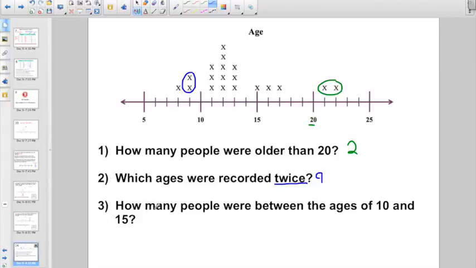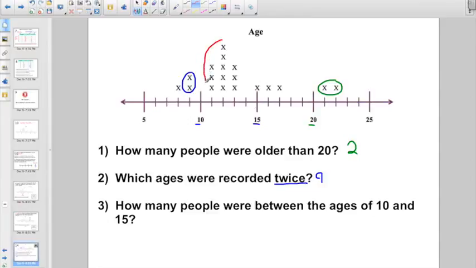Check out number 3. How many people were between the ages of 10 and 15? Between the ages of 10 and 15. Am I actually going to count 15? No, I'm not.